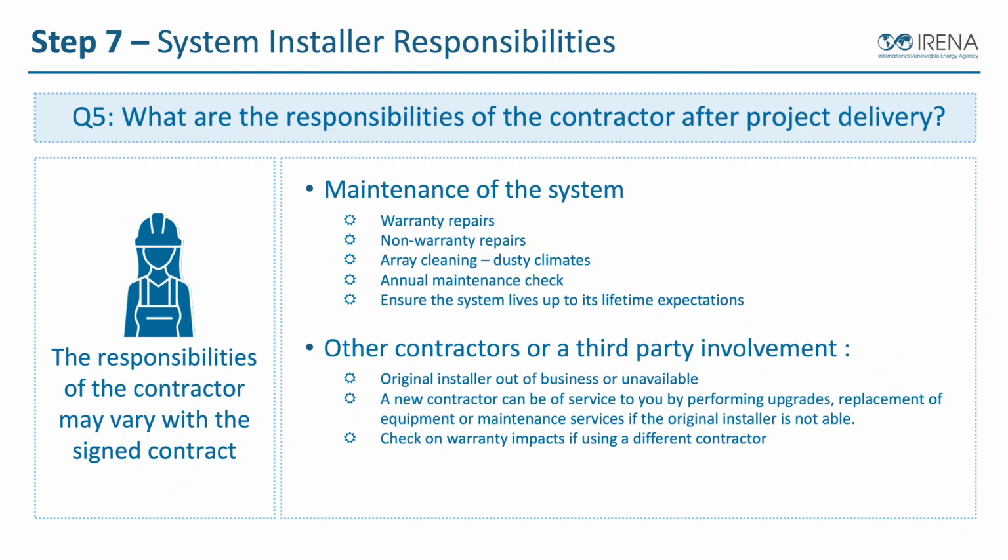So, system installer responsibility. We need to think about not only the homeowner or building owner's responsibilities, but also the installer responsibilities of the contractor after the project delivery. These can vary a lot based on what's in the contract itself. So we have things like maintenance of the system.